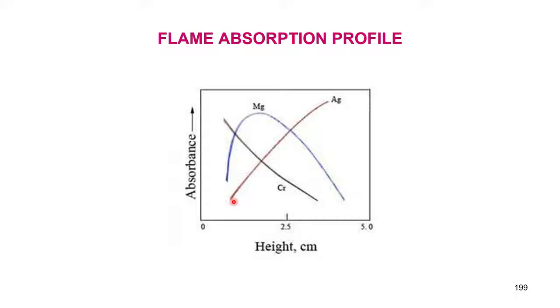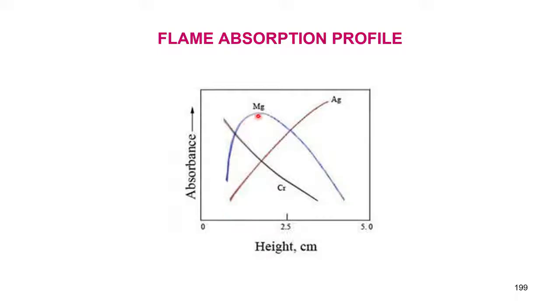increases as the height increases. If it is at 2.5, it is around this much, and around 3 or 4 centimeter, this is the optimum maximum absorbance. Now, look at magnesium. Magnesium absorbance starts from around 1 centimeter and then keeps on increasing.